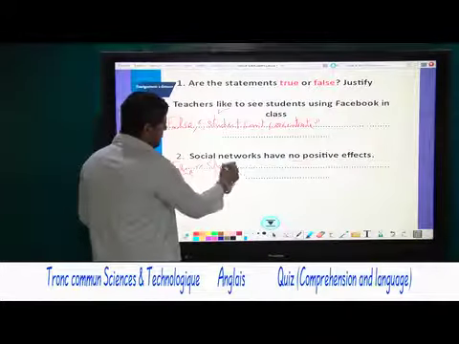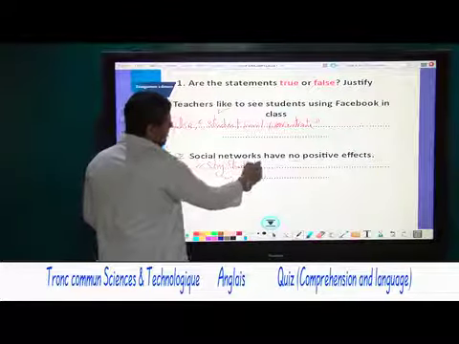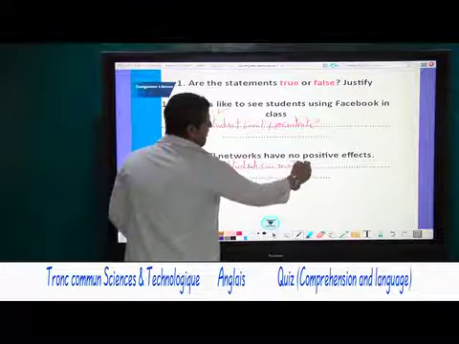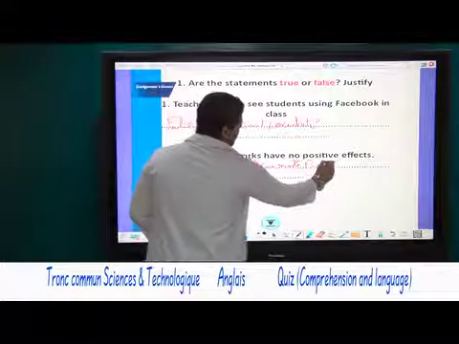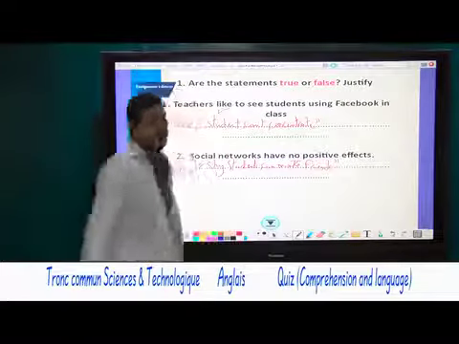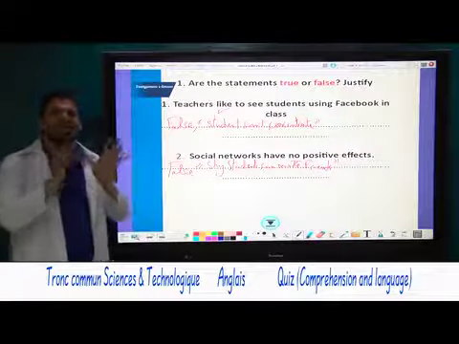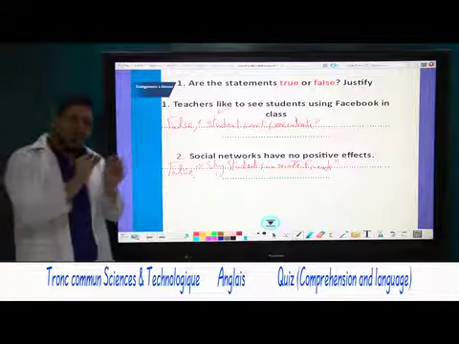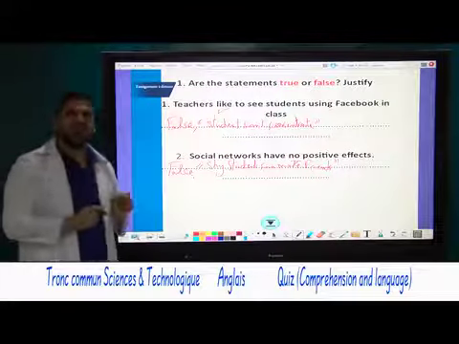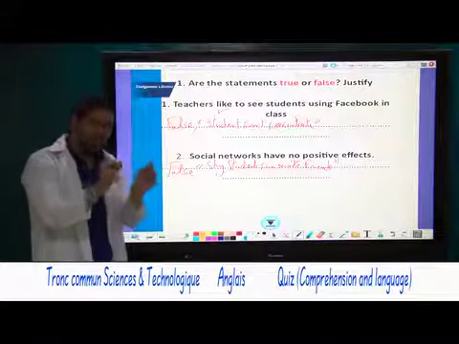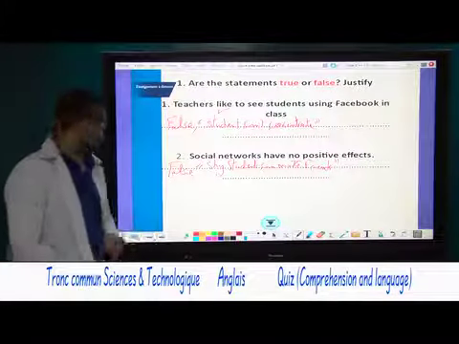Shy students can make friends, you see? So when you are answering this true or false question, you don't have to write too much. Just false and a simple idea to support your answer. The same thing here, okay? False or true, a simple idea, a short sentence to support your answer.